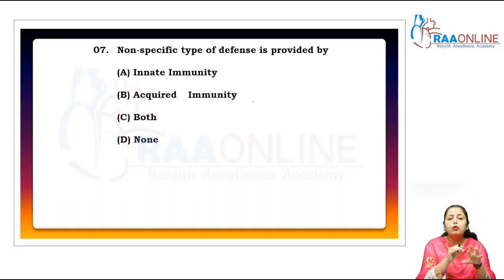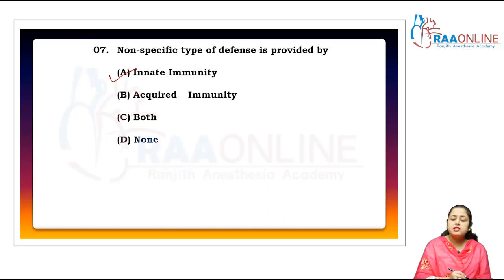It acts upon all kinds of microorganisms, it fights against all kinds of microorganisms. That's why this non-specific type of immunity is called the innate immunity or the inborn immunity, right? So the answer is A.